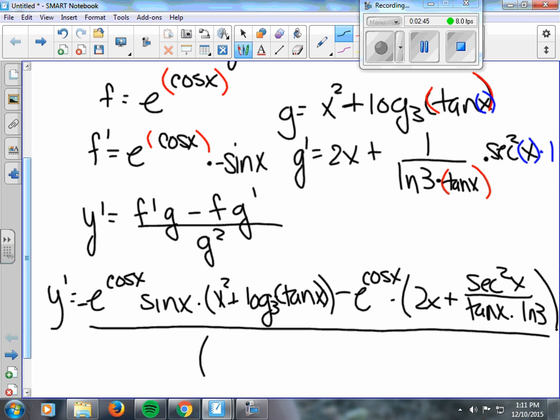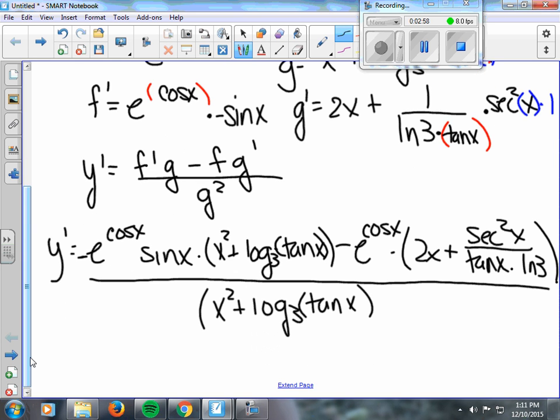So that would be x squared plus the log base 3 of the tangent of x. And the only simplification that will be nice here would be to factor out an e to the cosine of x or a negative e to the cosine of x, but I'm going to leave it that way.